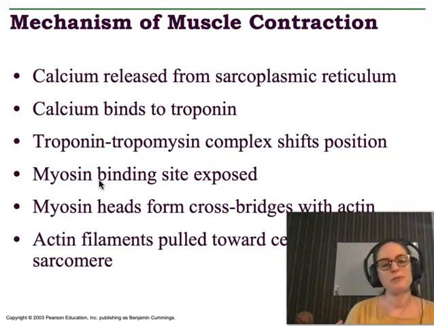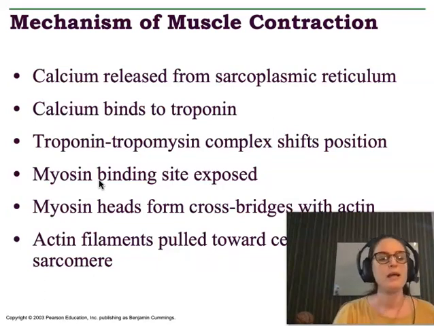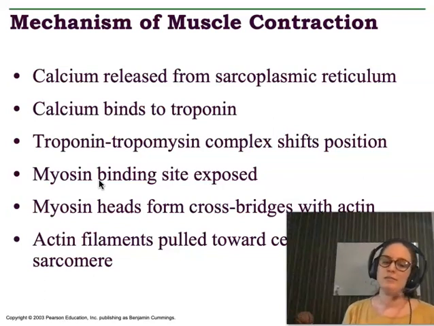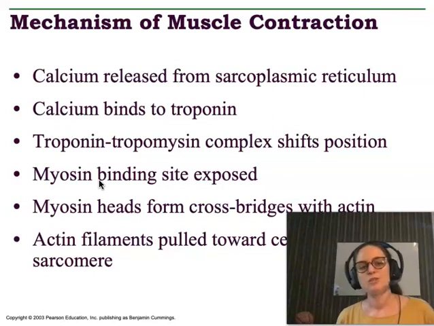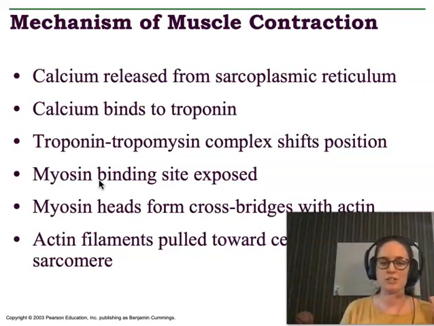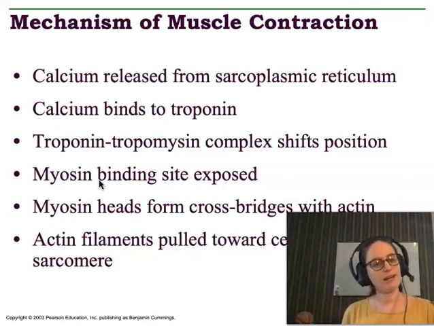Calcium released from the sarcoplasmic reticulum into the general fluid of the cell, the sarcoplasm, binds to troponin. That's the snowman shape. But when ions bind to proteins, they change shape. So the calcium binding to the troponin causes the tropomyosin to shift, revealing myosin binding sites on actin.